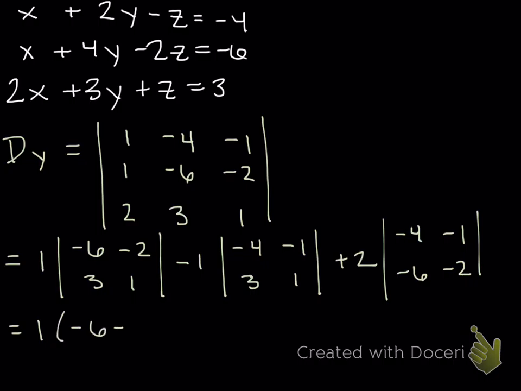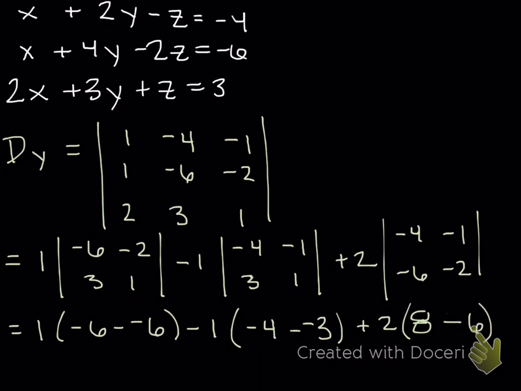So I have -6 minus a -6, minus 1 times the quantity of -4 minus a -3, and then plus 2 times the quantity of, actually that's going to be positive 8, sorry, minus a positive 6. So I'm going to write these quantities in parentheses.